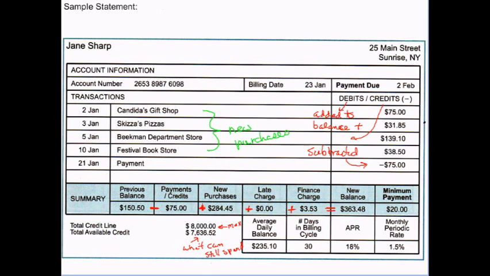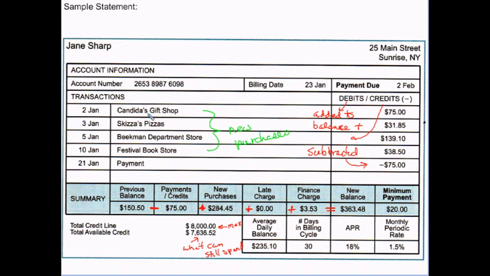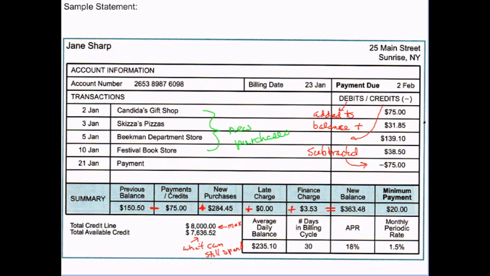Okay. So let's look at the summary portion. And for the first question, A, we're going to explain how the new purchases amount was determined. So we have new purchases, and they were added together. So we had 75 plus 31.85 plus $139.10 and $38.50.